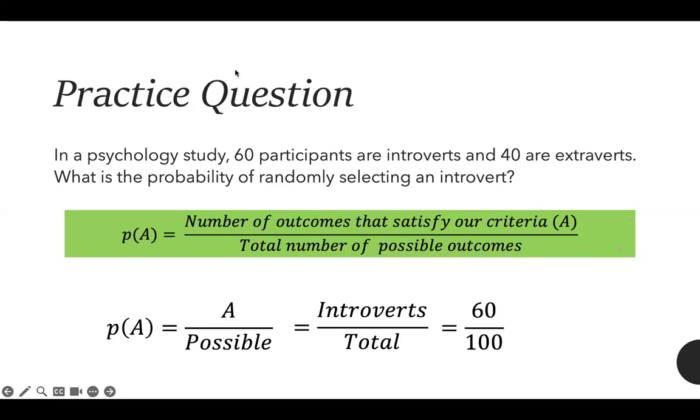There's 60 introverts, from 60 participants are introverts. Then I'm adding the 60 and the 40 to get my total possible outcomes, which is 100. If I divide that, 60 divided by 100 is 0.60.